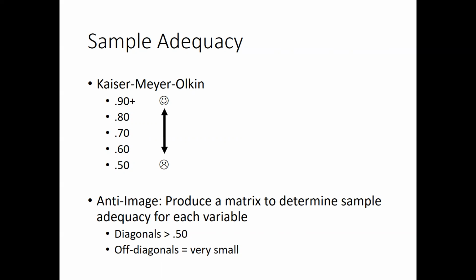There's another option called the anti-image, and what this does is it creates kind of like a correlation matrix, but it's intended, now think about this, y'all. You've seen many correlation matrices at this point in the 2 semesters that you've worked on this stuff.